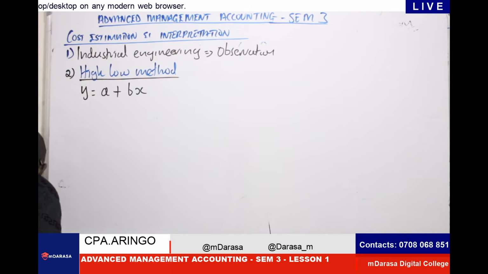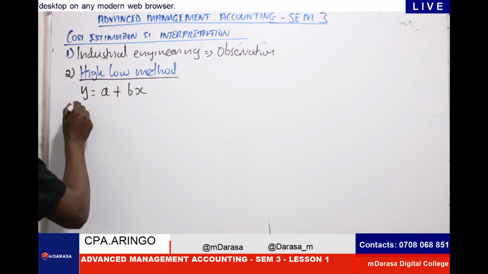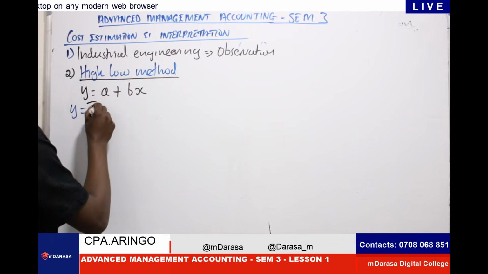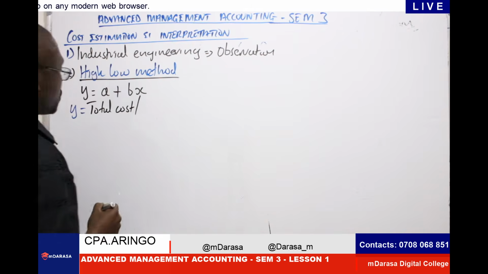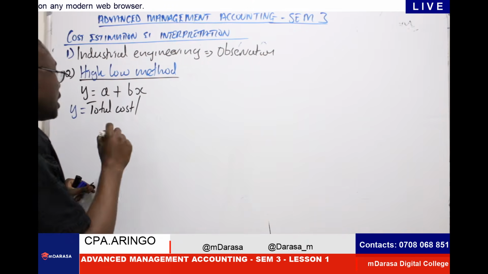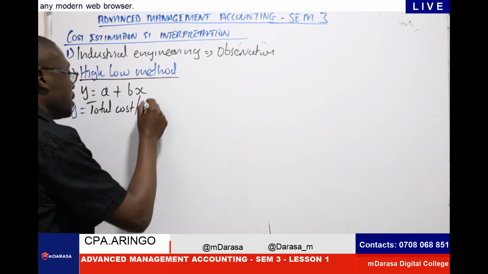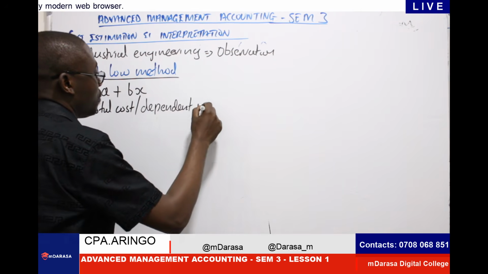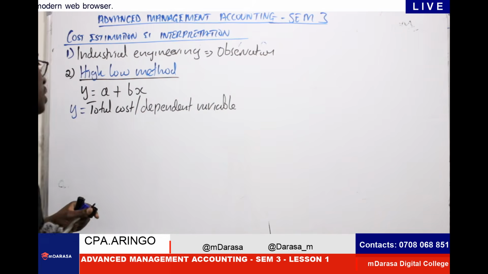In this context, analyzing our variables, y will be our total cost. This is also termed the dependent variable. It is important to understand these factors from this point.